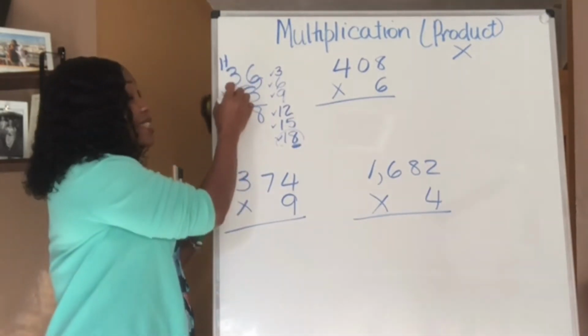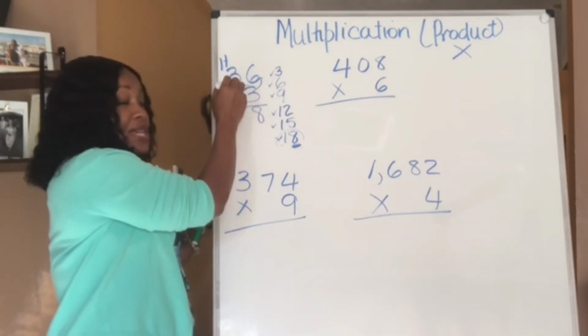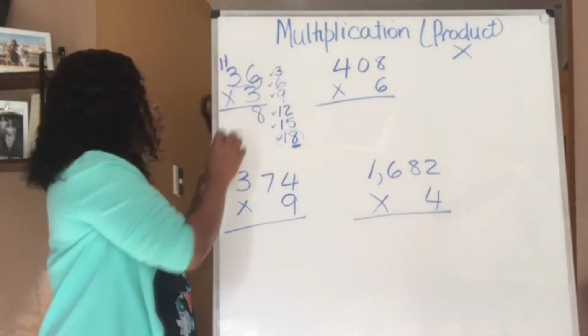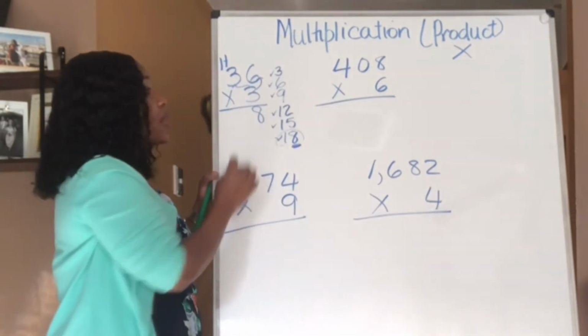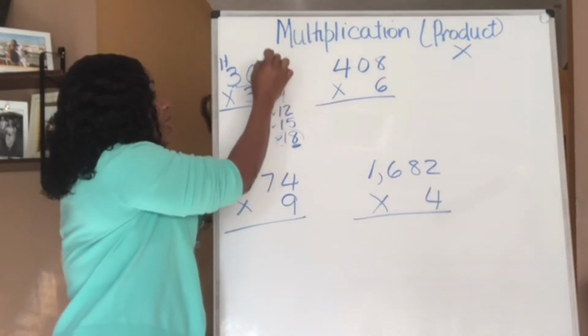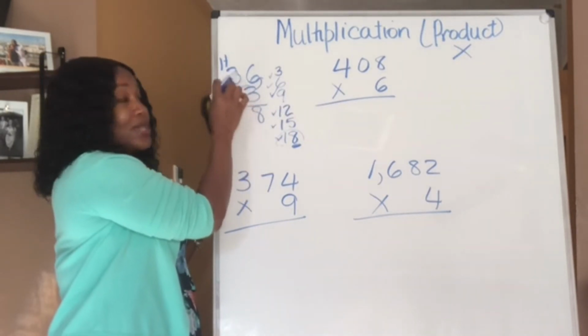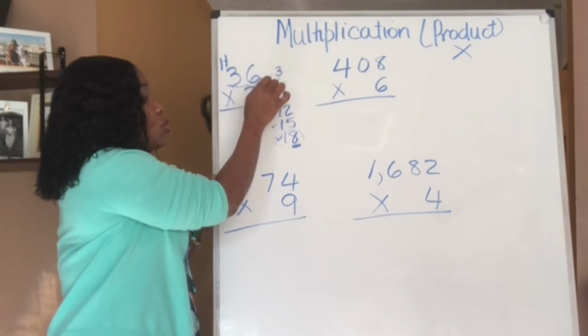So when we get to this part, we have to multiply 3 times 3. When you get your answer, then you add 1. So 3 times 3, we already counted by 3. So we can count 1, 2, 3, because it's 3 times 3. So we're skip counting by 3 times. So 1, 2, 3.